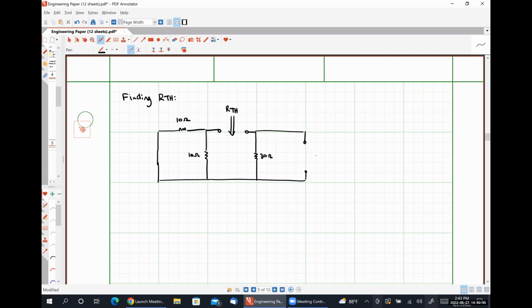So I believe that our Thevenin equivalent resistance, RTH, is going to be our 30 ohm resistor in series with the parallel combination of 10 ohms in parallel with 10 ohms. Getting slightly ahead of myself there.